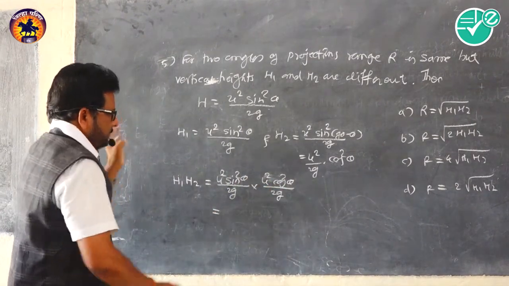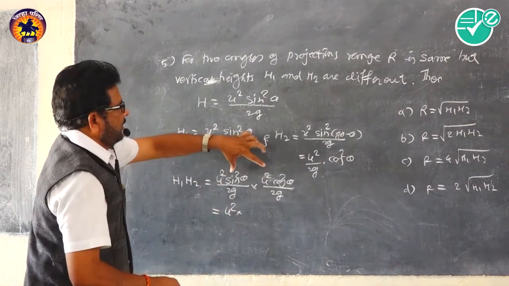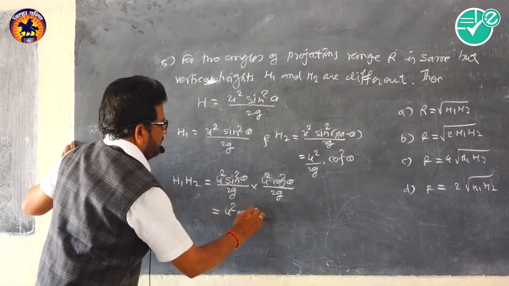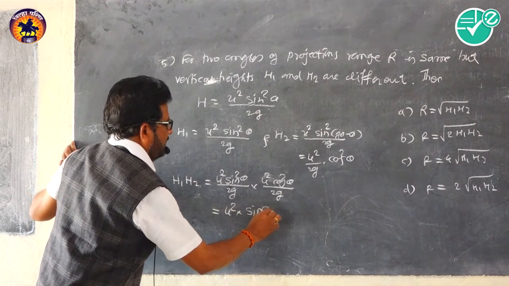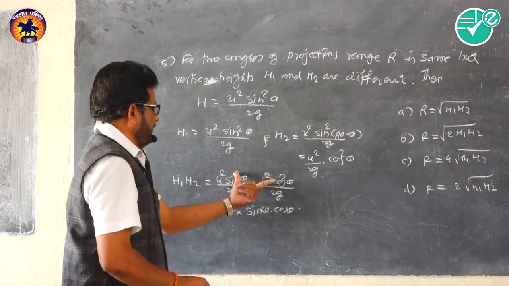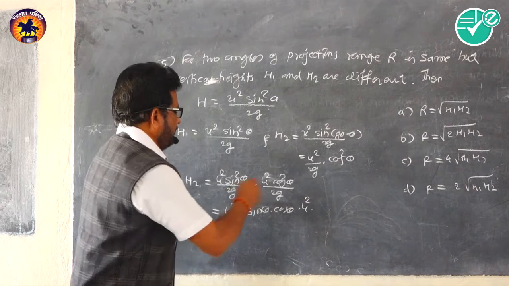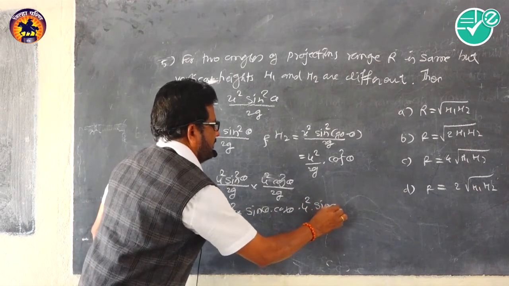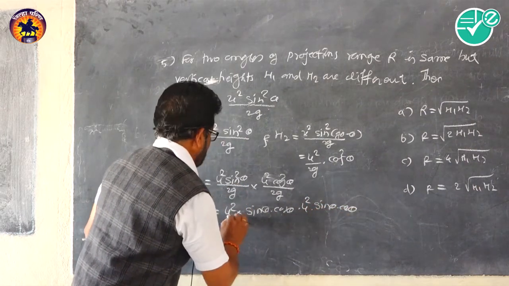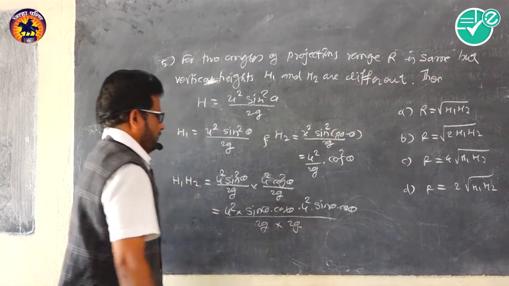And therefore, U square into one pair, sin theta cos theta, into again one remaining pair, U square, remaining pair, that is sin theta cos theta, divided by 2g into 2g.